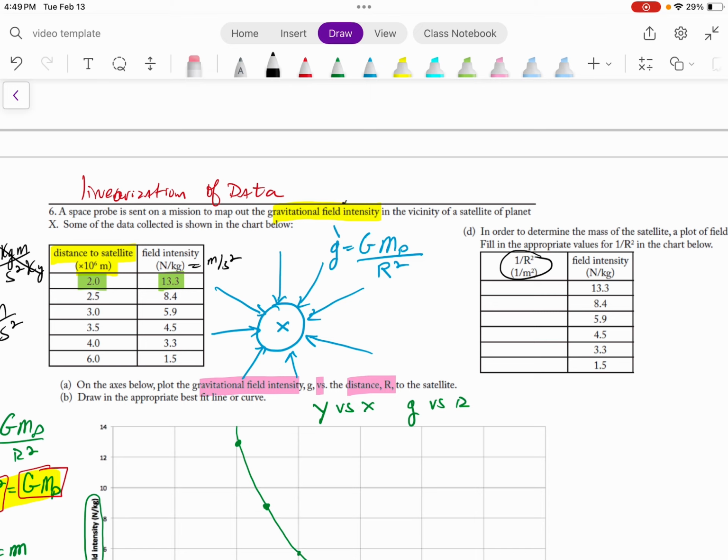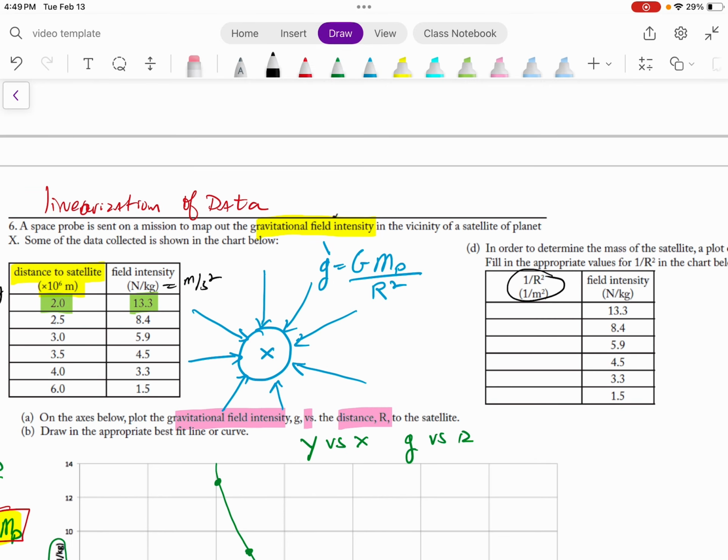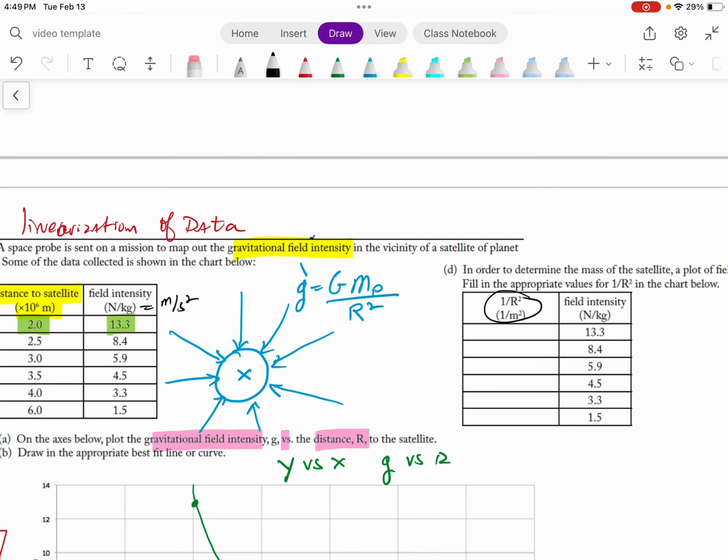So 2 times 10 to the minus 6. What is that? And I've already done that, and I'm going to fill in my table real quick. I get 2.5 times 10 to the minus 13. And then I have 1.6 times 10 to the minus 13.